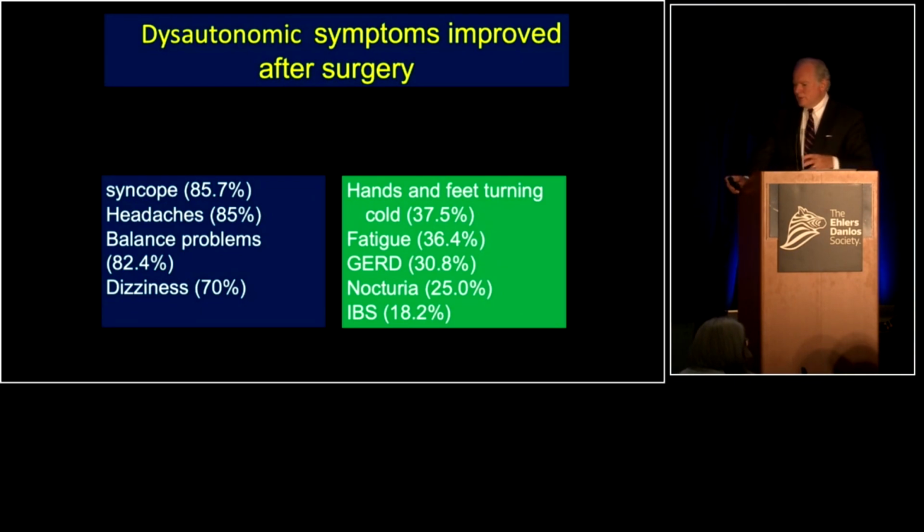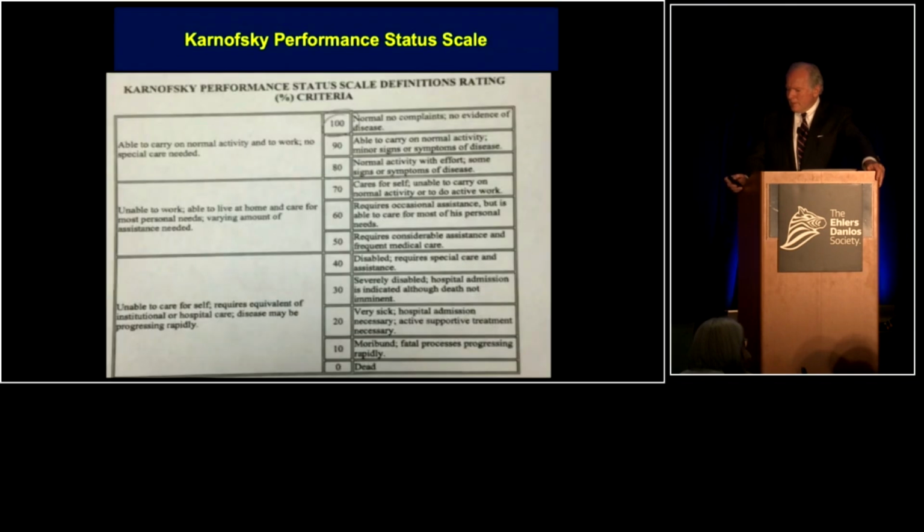Now, the dysautonomic symptoms improving after surgery included syncope, headaches, balance, dizziness. The things that did not seem to improve that much, and maybe our sensitivity wasn't good enough to pick it up: the Raynaud phenomenon, hands and feet turning cold, fatigue, GERD, nocturia, irritable bowel syndrome, small improvements there.